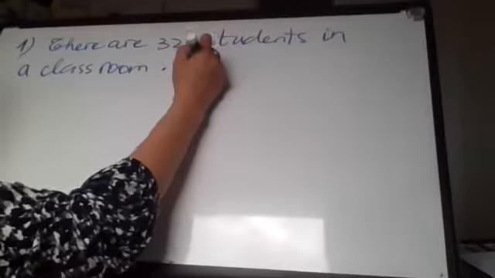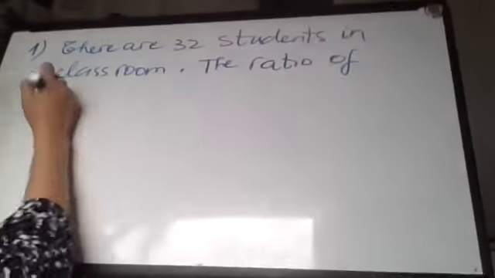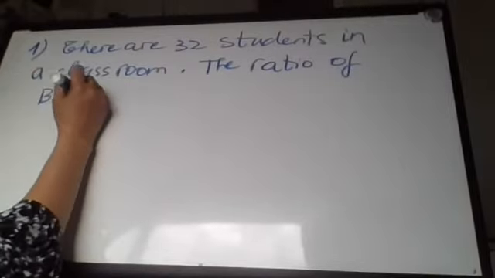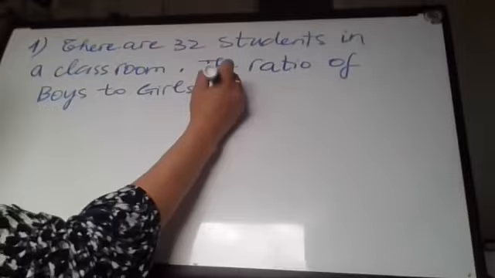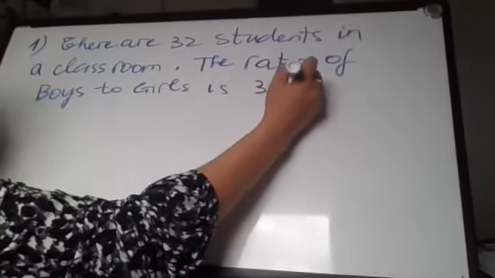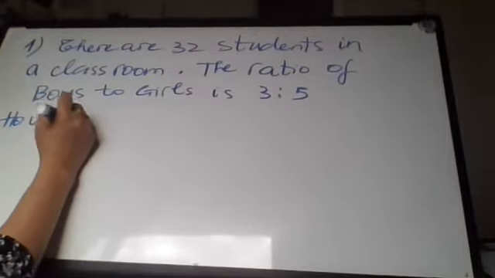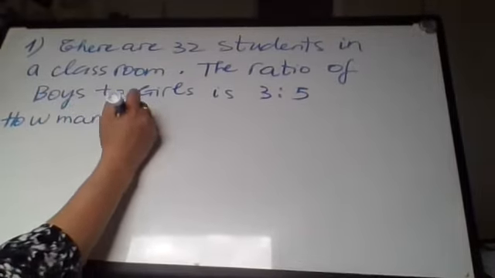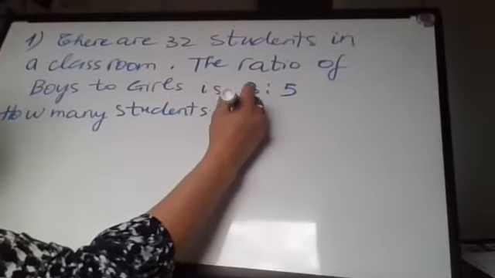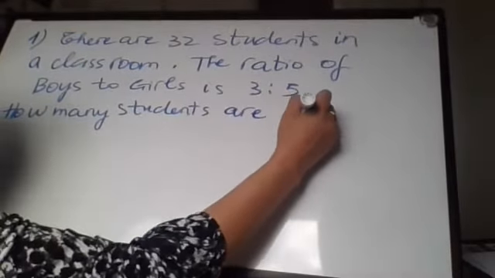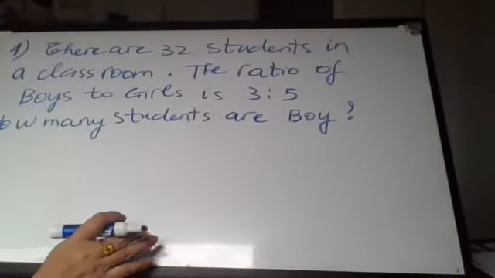The ratio of boys to girls is 3 to 5. How many students are boys?